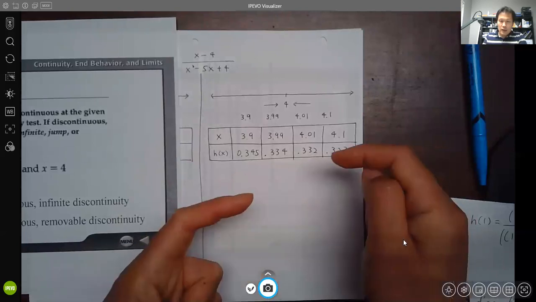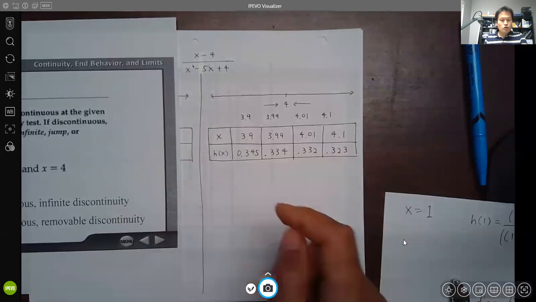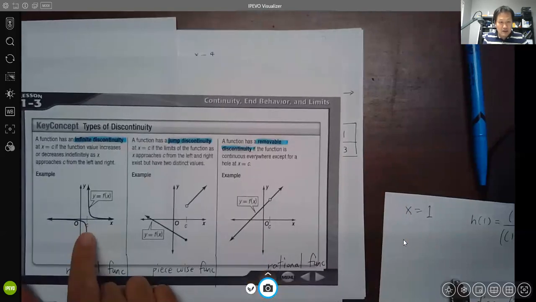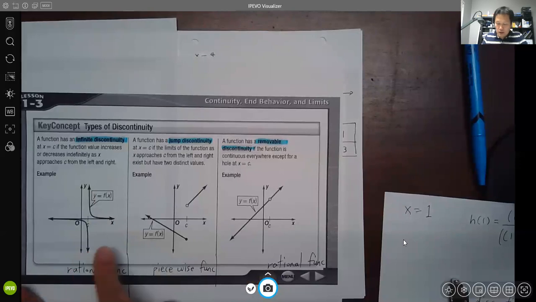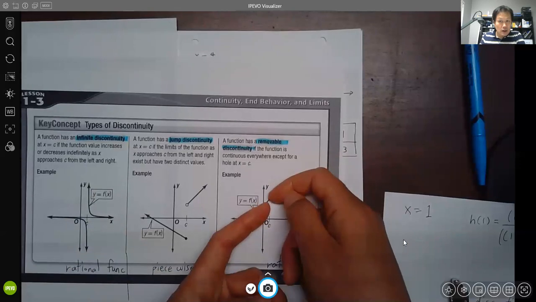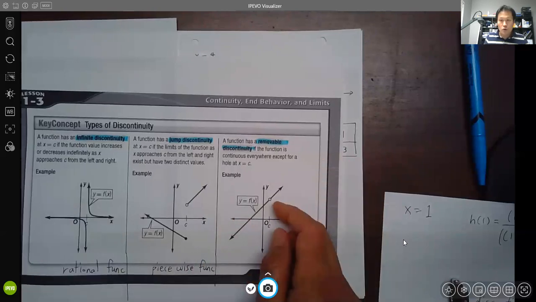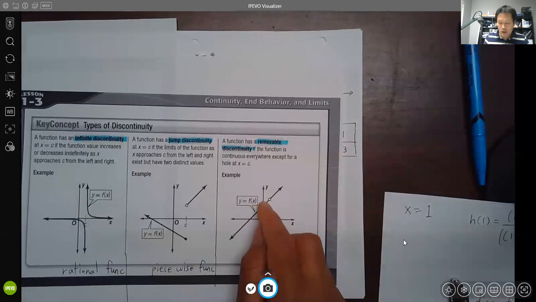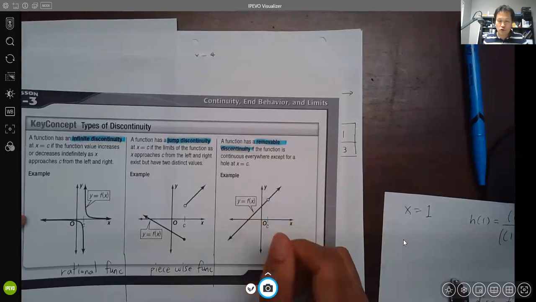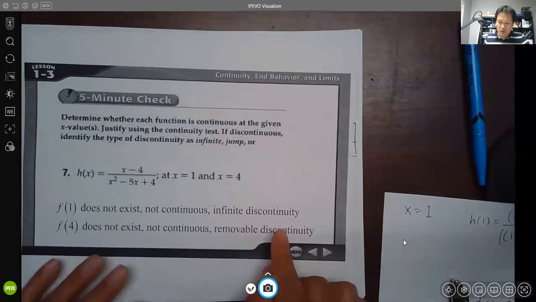So they are getting closer to 0.333. So you should know it's not this kind of discontinuity, it's this kind of discontinuity, which is removable. Left hand limit, right hand limit, they are close by, so you should know that has a hole, and that's a removable discontinuity. So that's why you say this is a removable discontinuity.